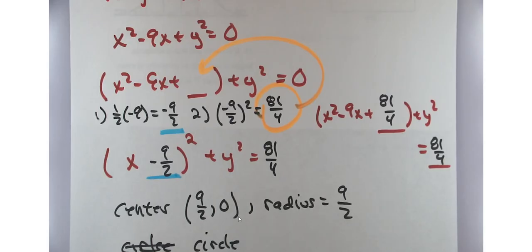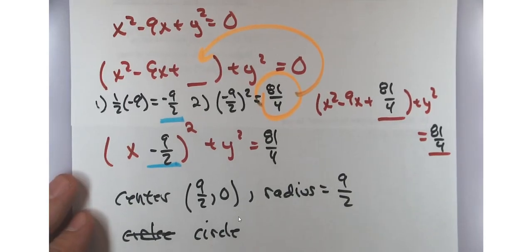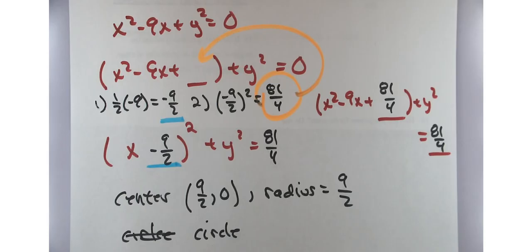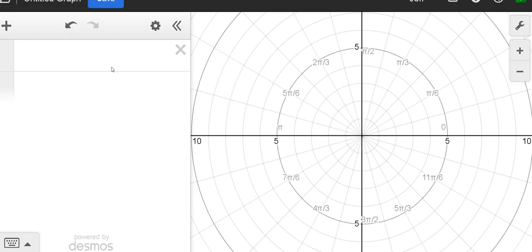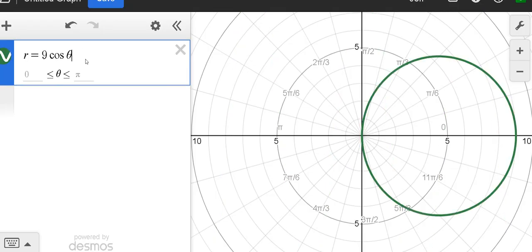Let's see if we can get that off of Desmos here. Actually, maybe we should take a look at it not only on Desmos but on our graphing calculators. Let me do it on Desmos first so we can get a good look at it. I'll get rid of these two. And we'll type in r equals 9 cosine theta. Now, if you want to get the theta, there's a couple ways you can get that.